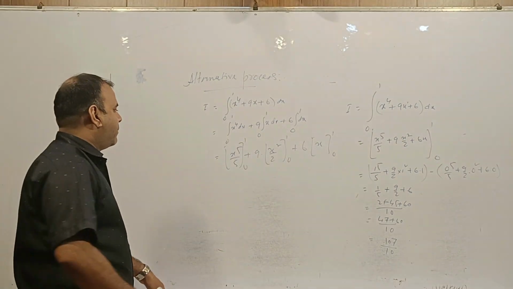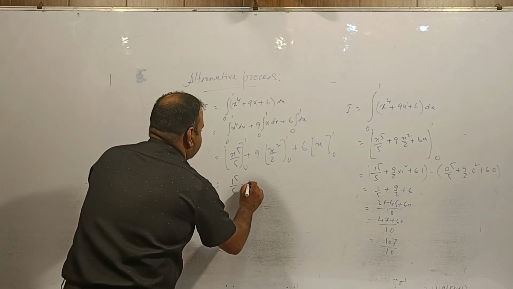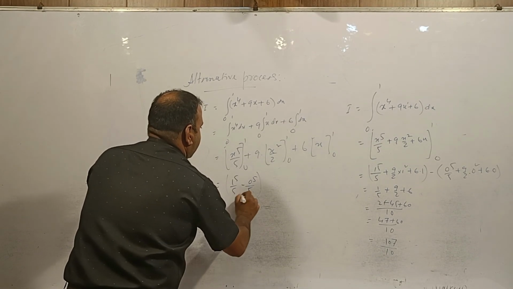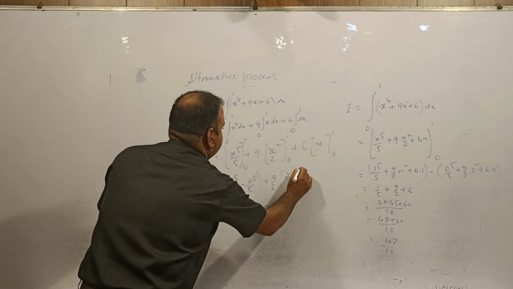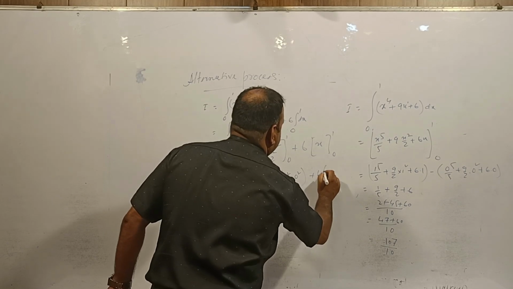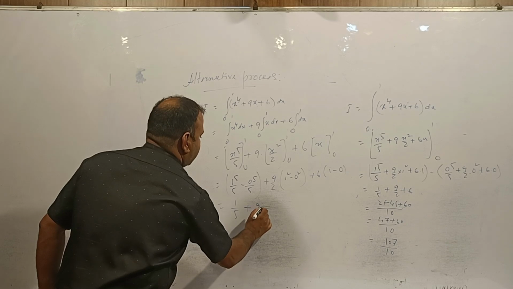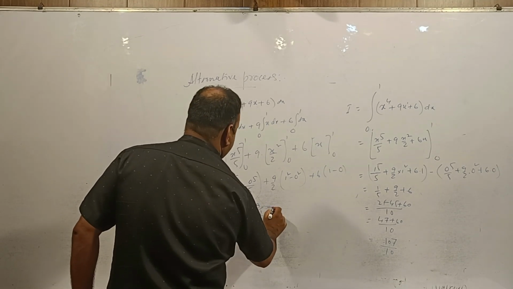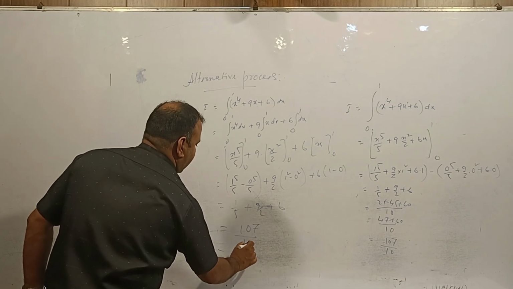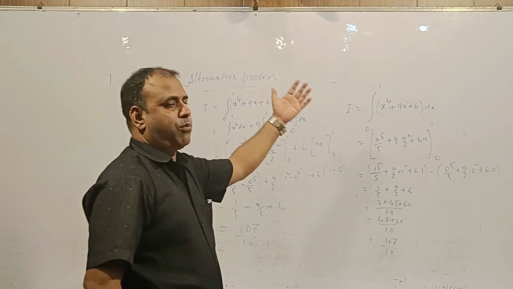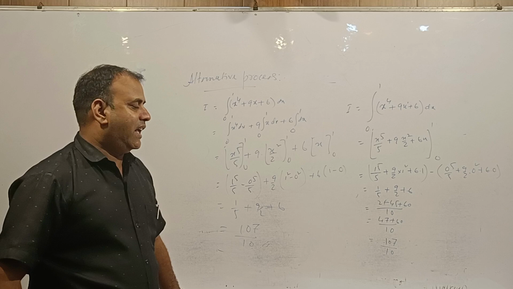So you remember 1⁵/5 minus 0⁵/5, plus 9/2 times (1² minus 0²), plus 6 times (1 minus 0). This can be written as 1/5 plus 9/2 plus 6. Ultimately you will get the result 107 divided by 10. So you can use either this process or that process, whichever you like.